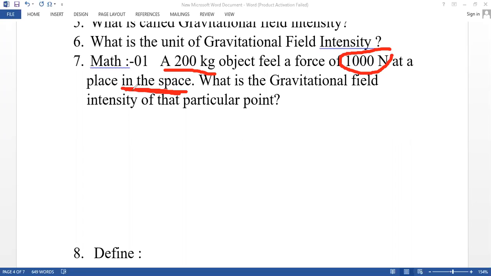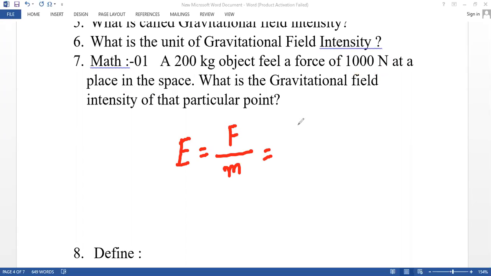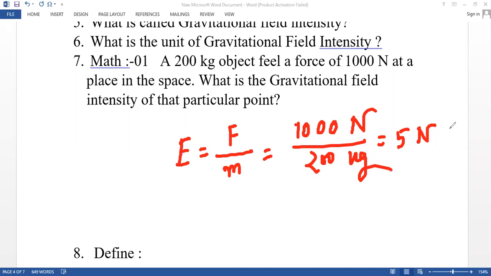Remember, in space, not on the Earth's surface. What is the gravitational field intensity of that particular point? We know the field intensity is the force felt per unit mass. So that is 1000 Newton divided by 200 kg. I mean 5 Newton per kg. That is very simple math for you.